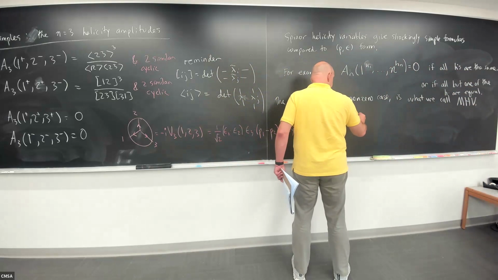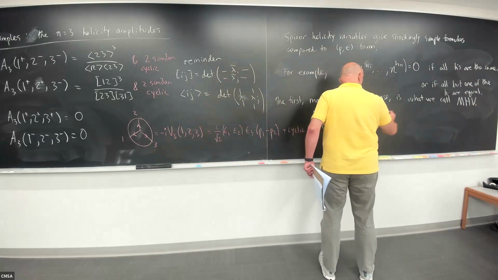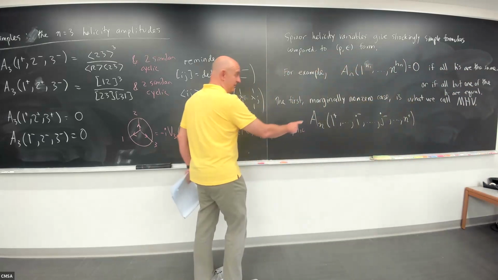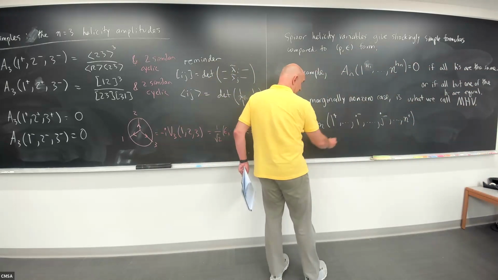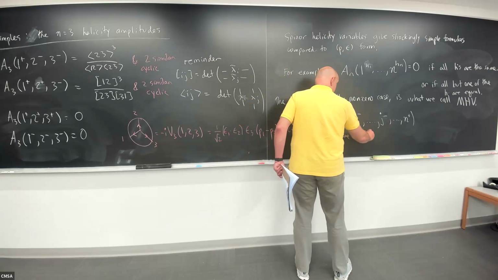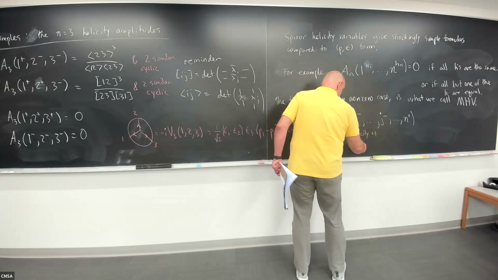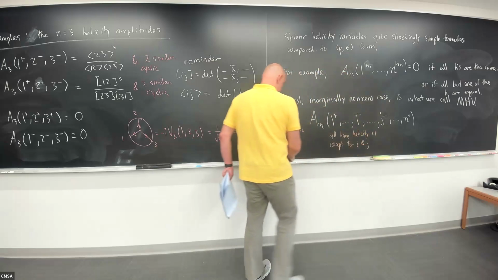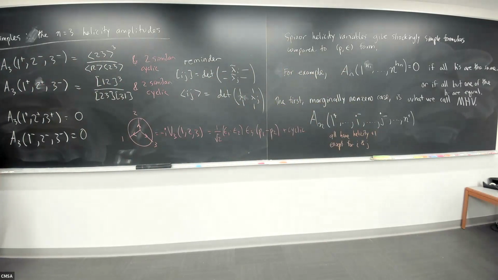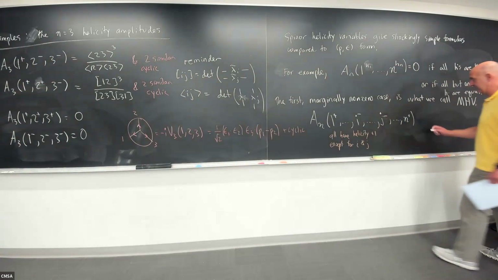And let's take the example when all of the particles have positive helicity except for i and j. So all have helicity +1 except for i and j. And the result for this amplitude is given by a famous formula called the Parke-Taylor formula.